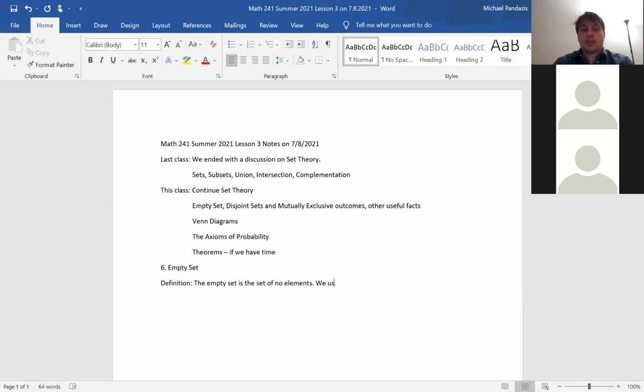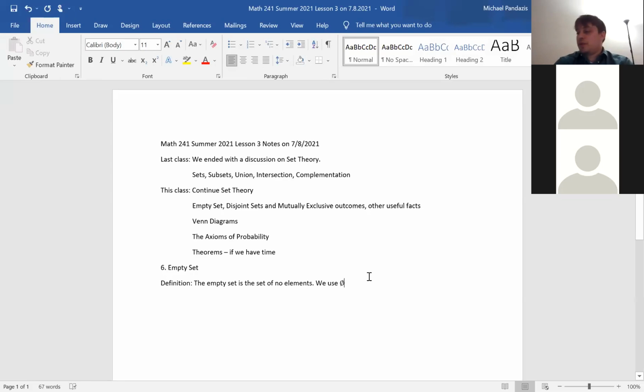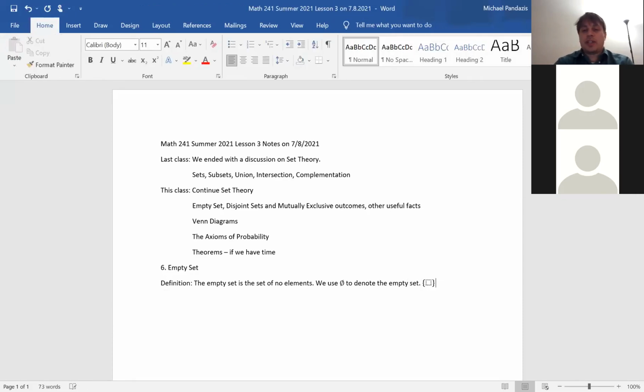We use what's called the null set symbol to denote the empty set. You can also use just braces with nothing in them to denote the empty set.